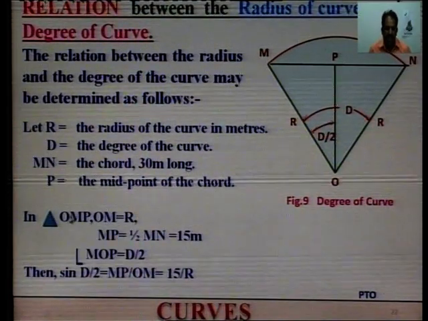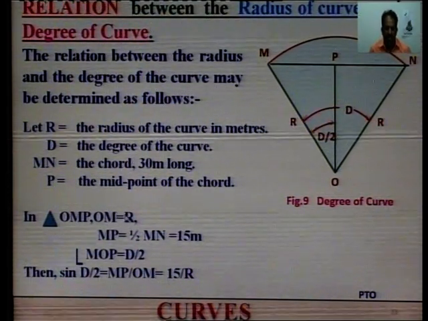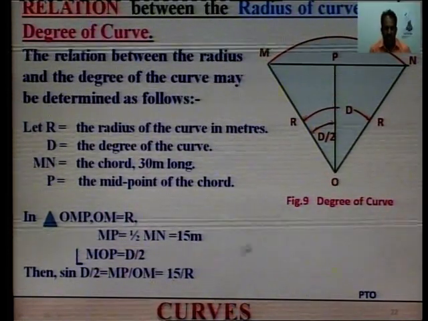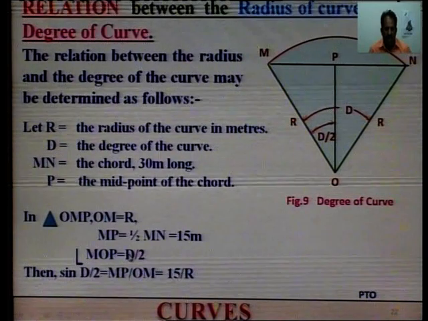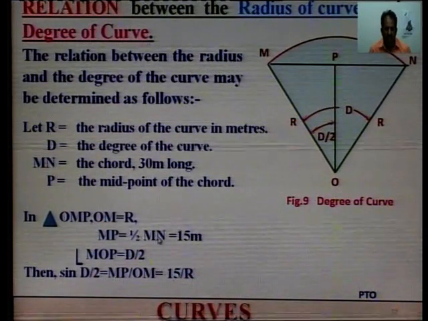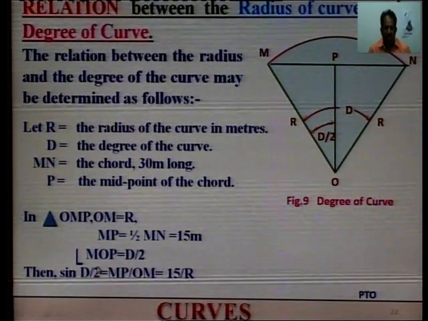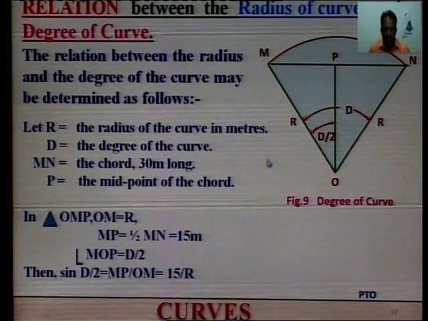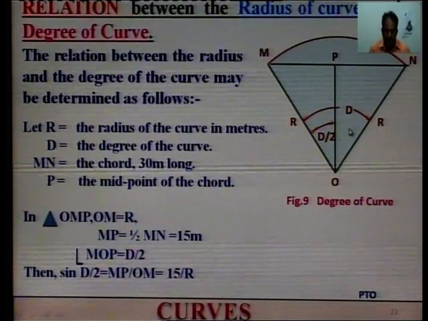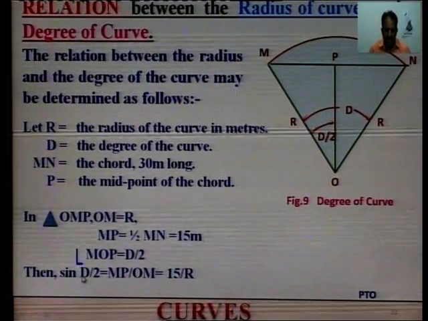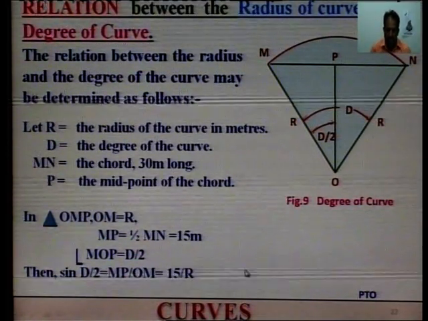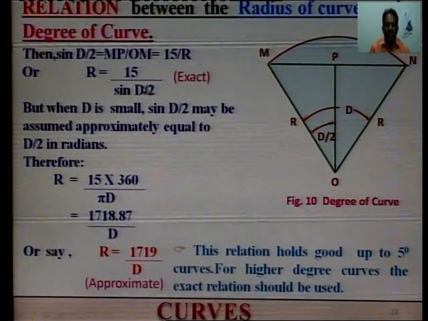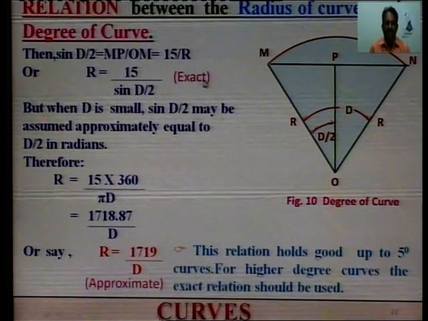In triangle OMP, OM is equal to r, MP is equal to half MN, which is 15 meters, and angle MOP is equal to d by 2. Then sin d by 2 is equal to 15 by r.